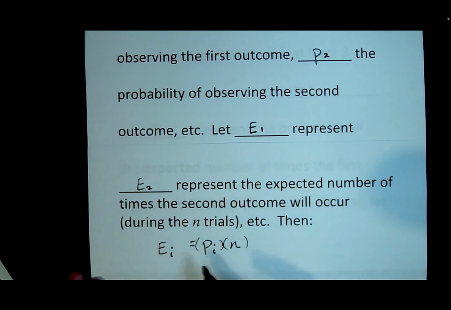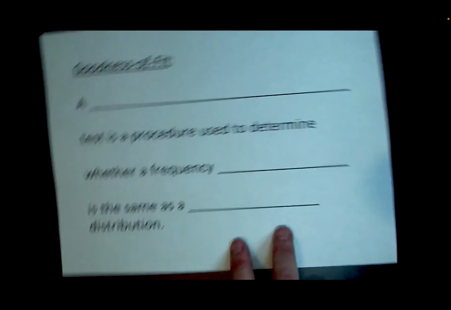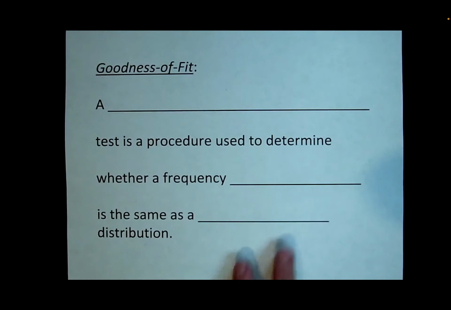Okay, so probability of that outcome times the number of trials gives you the expected count for that outcome.